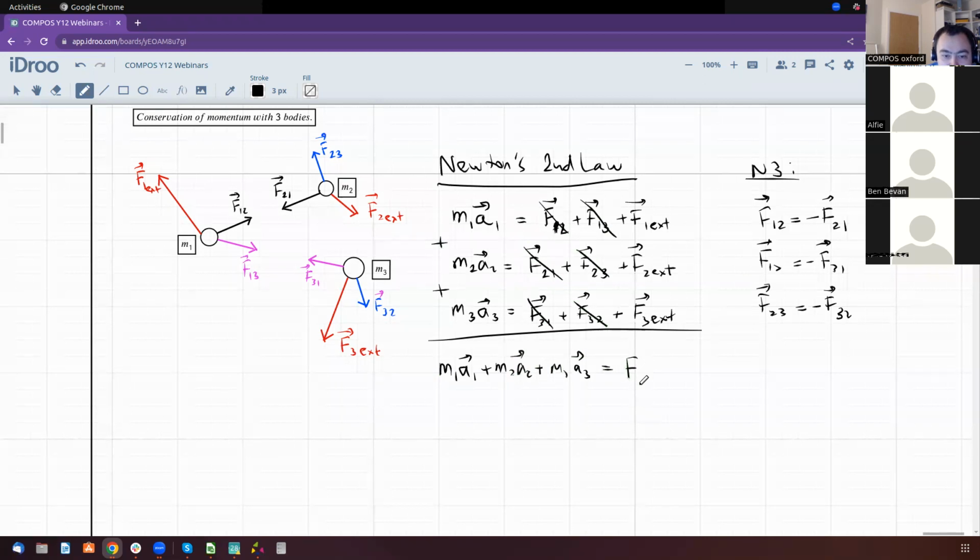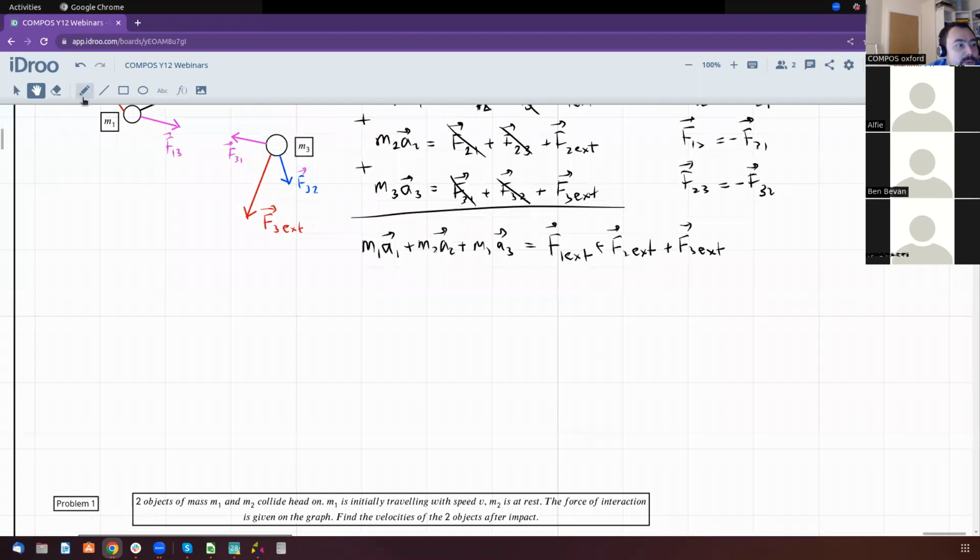And we got F1 external plus F2 external plus F3 external. We will write this as the sum of external forces.